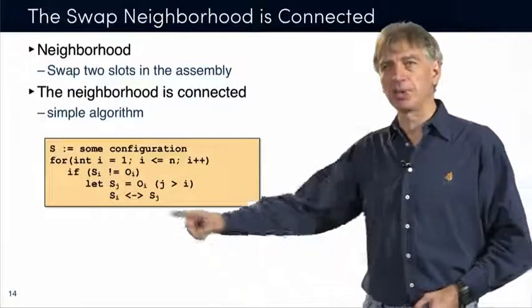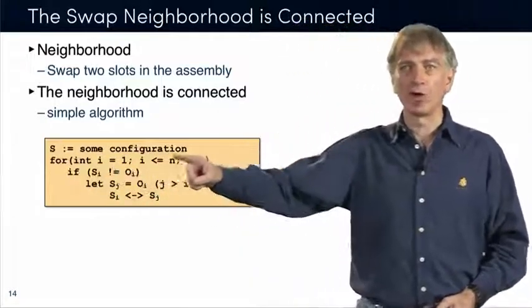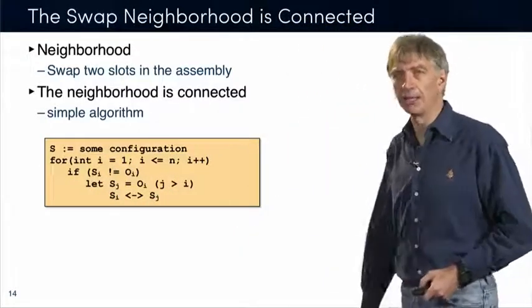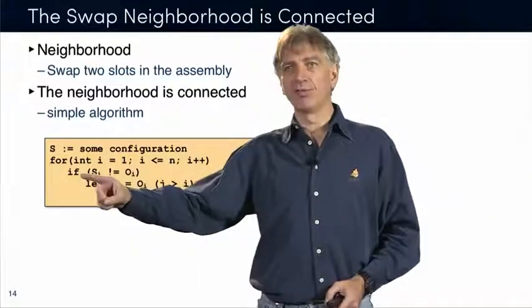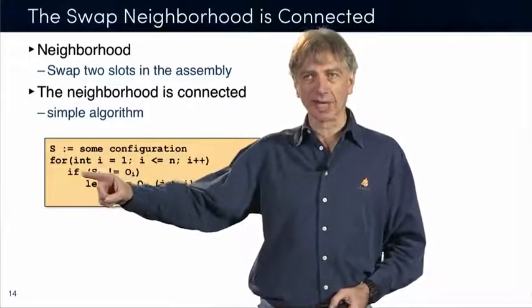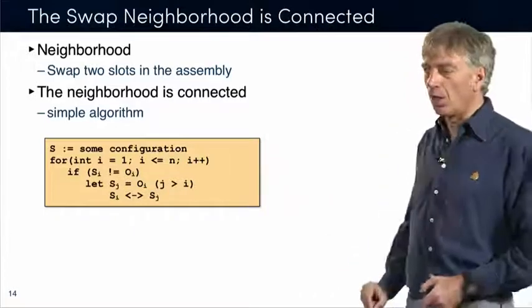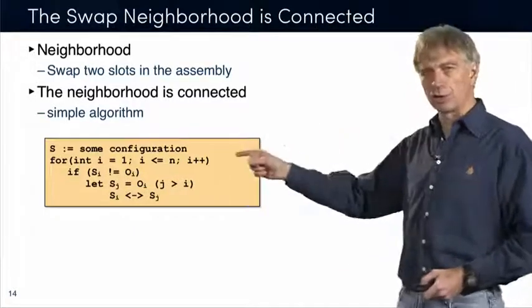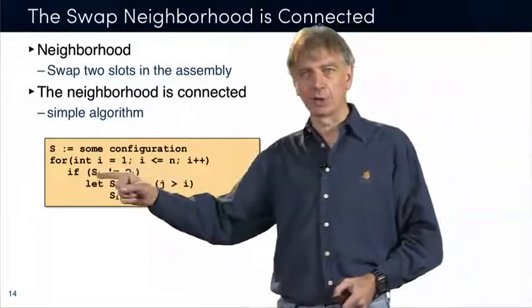You have an algorithm which iterates from the first to the last slot of the assembly line. Then you look, essentially, is the value for the configuration S, S_i, the same as the value of that part of the slot at position i in the optimal solution, that's O_i?